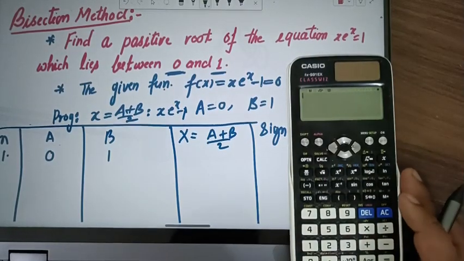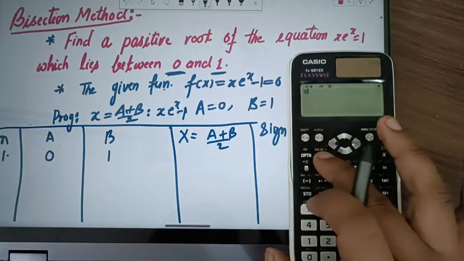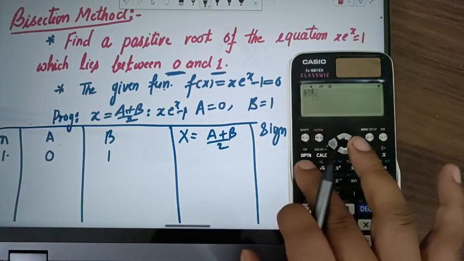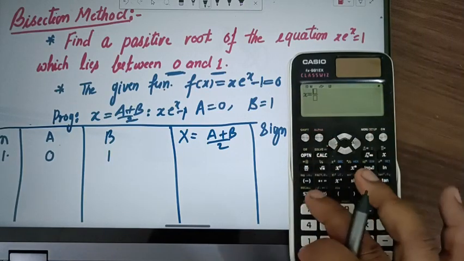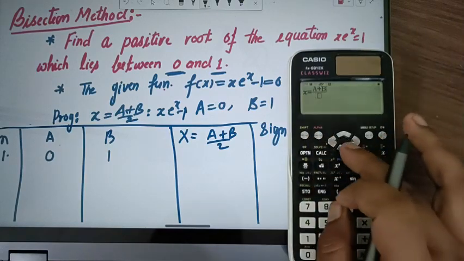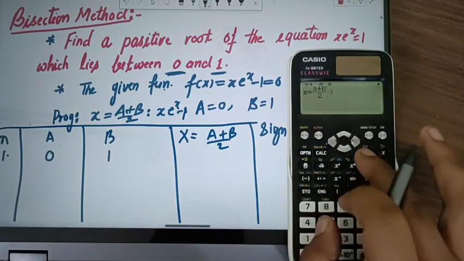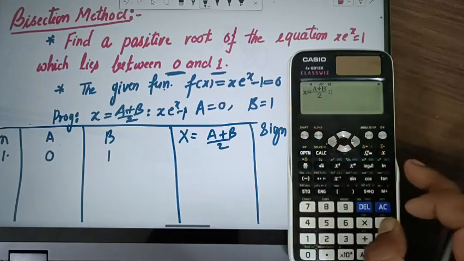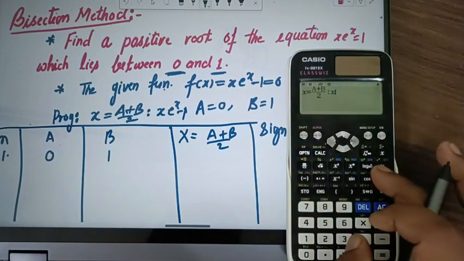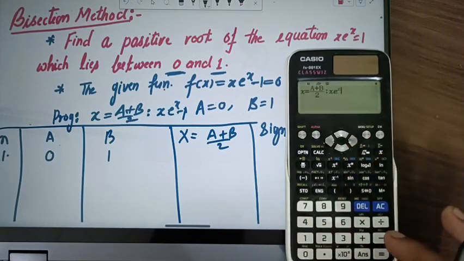Now we start typing in the calculator. We type x, then equal, then the fraction symbol, then a plus b divided by 2, then the colon sign, and then the function x e to the power x, then minus 1.